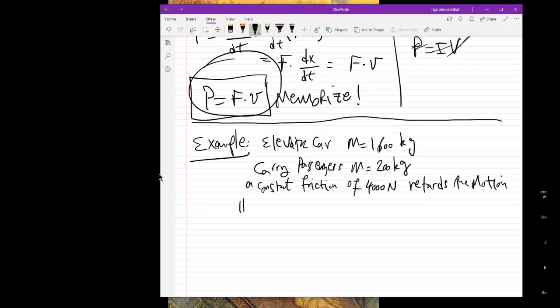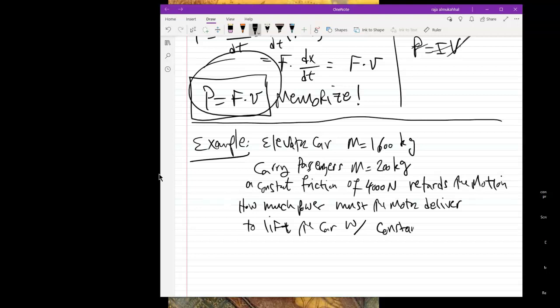He's asking the question, how much power must the motor deliver to lift the car with constant velocity of 3 meters per second.